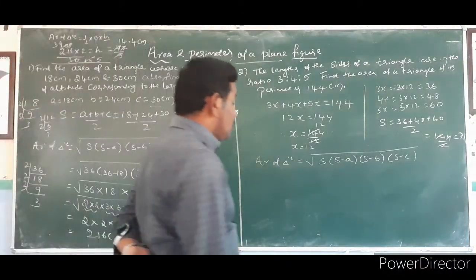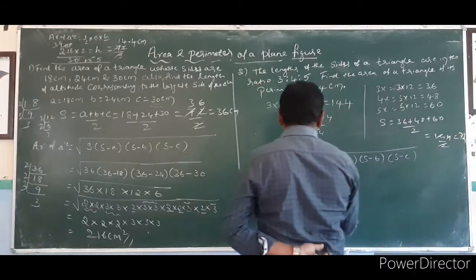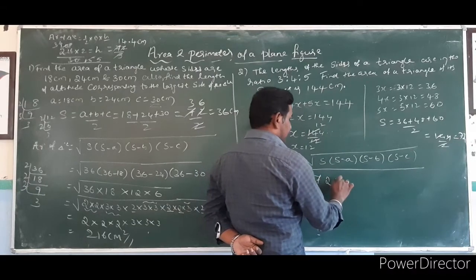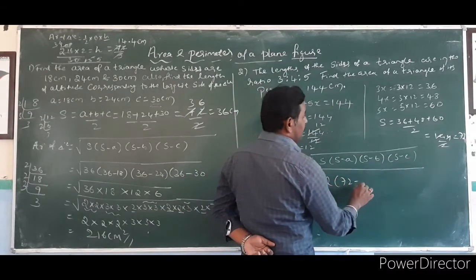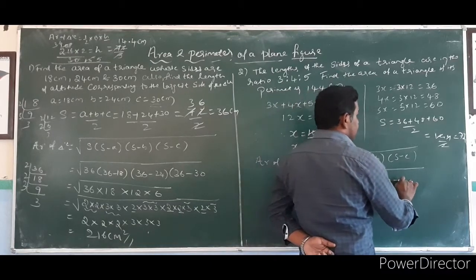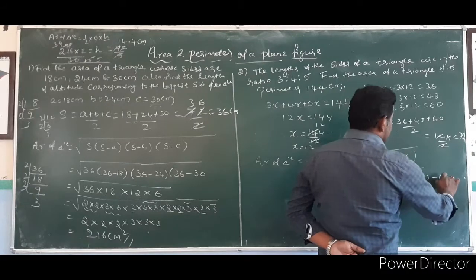Sorry, 72. Here S value is 72. 72 minus 36. 72 minus 48. 72 minus 60.